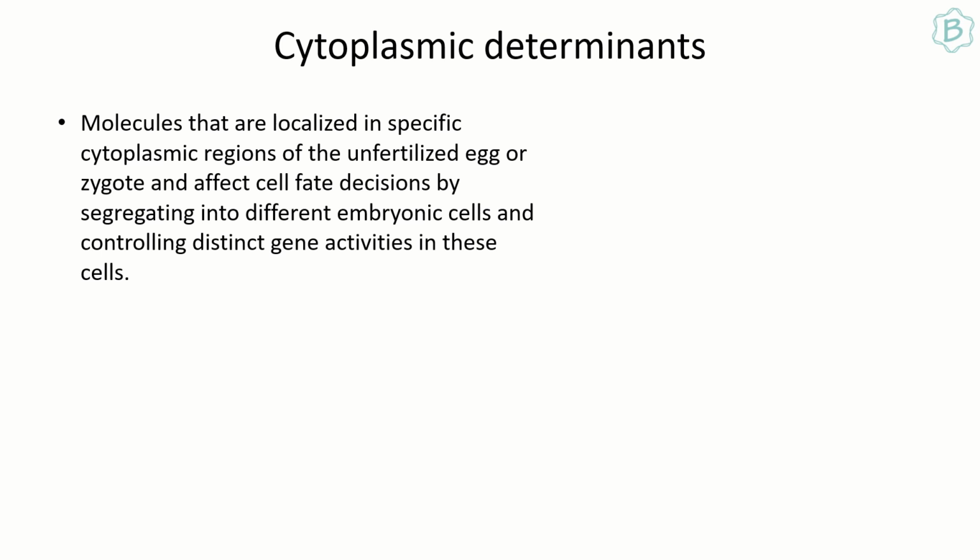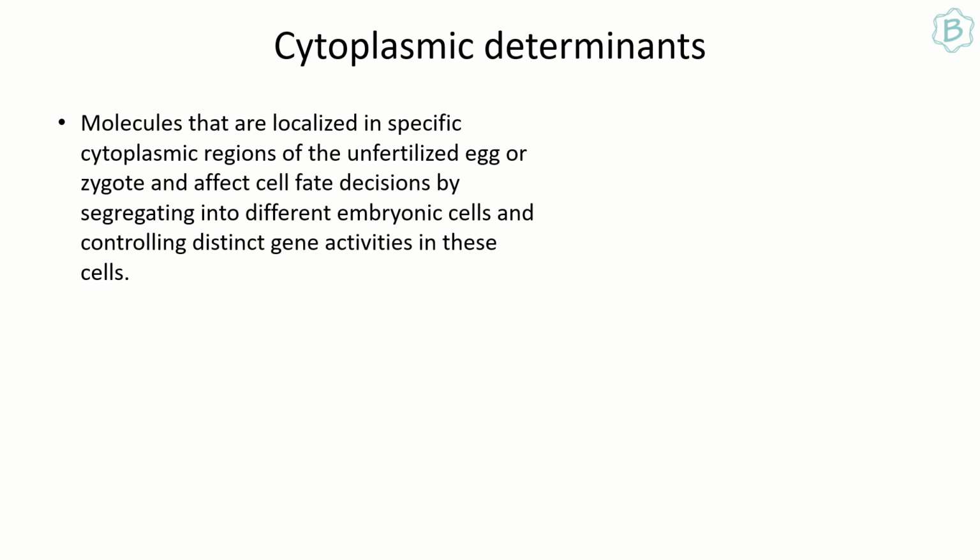Cytoplasmic determinants: the molecules that are localized in specific cytoplasmic regions of the unfertilized egg or zygote and affect the cell fate decision by segregating into different embryonic cells and controlling distinct gene activity in these cells. Cytoplasmic determinants are all those molecules present inside the cytoplasm of the zygote or any cell that decide the cell fate.